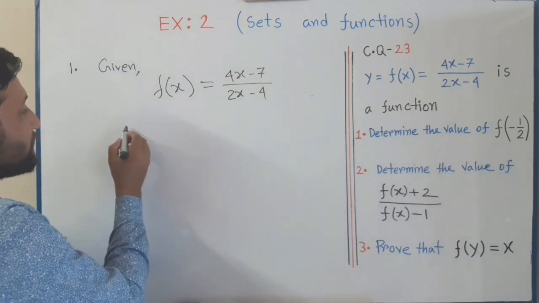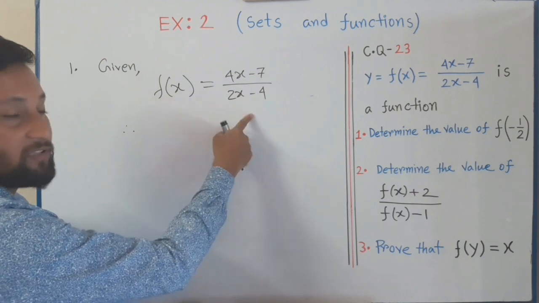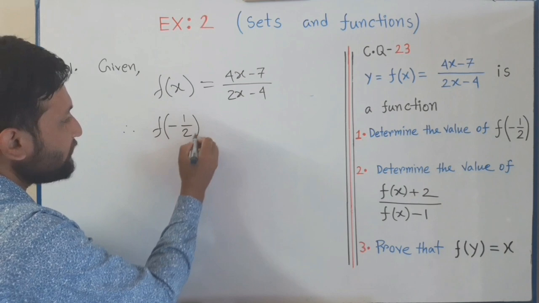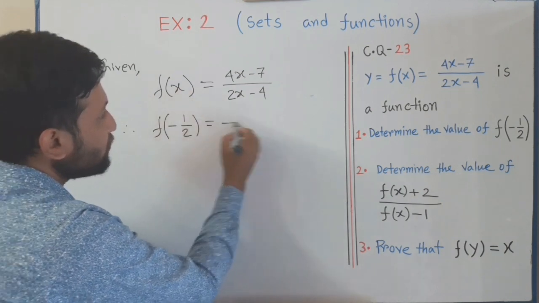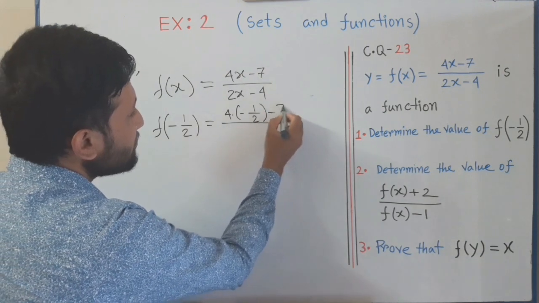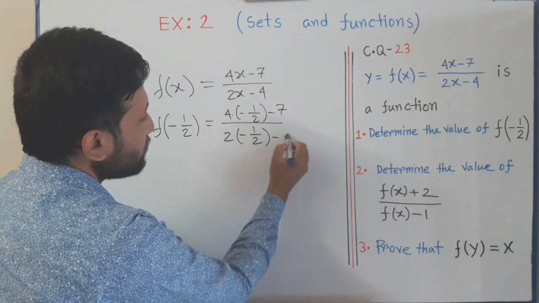Okay. So, just replace x by minus half on both sides. So, write down f of minus half, replace x by minus half on both sides. So, you can write 4 into minus half minus 7 divided by 2 into minus half and then minus 4.